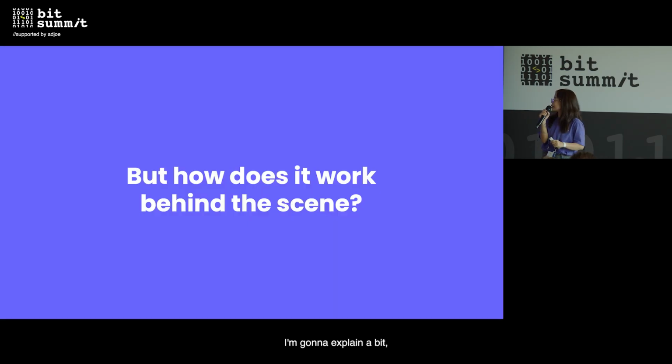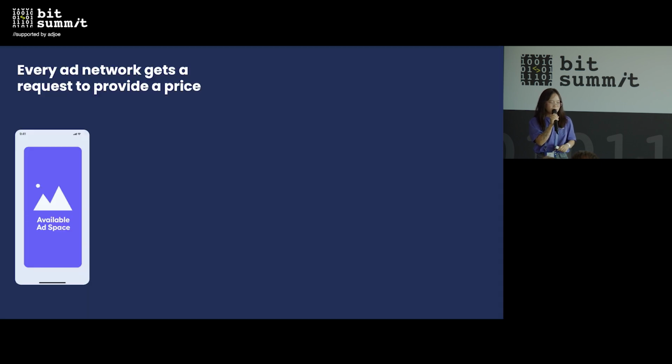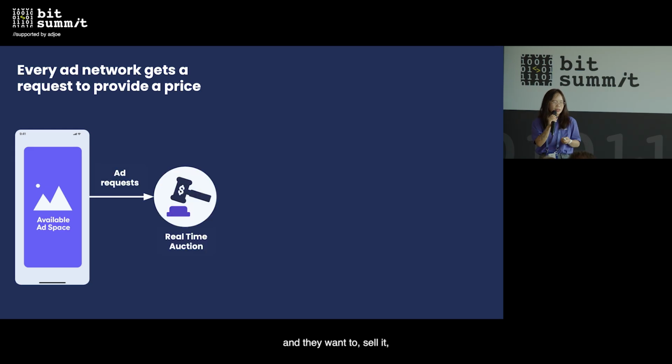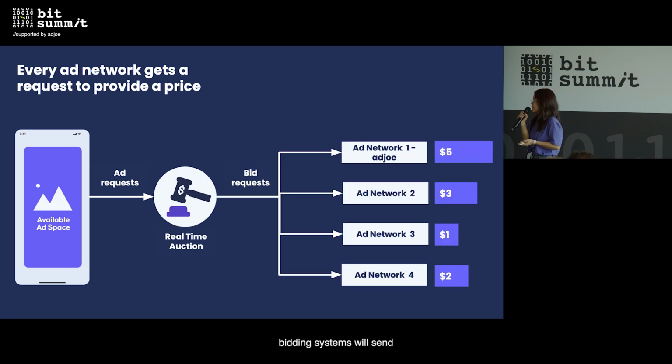I'm going to explain a bit how everything works behind the scenes. Whenever an ad publisher has an available ad space and wants to sell it, they send an ad request to the real-time auction, sometimes called the real-time bidding system. The real-time bidding system sends the bid request to the players in the market, and whoever is interested in participating responds back with their own bids.